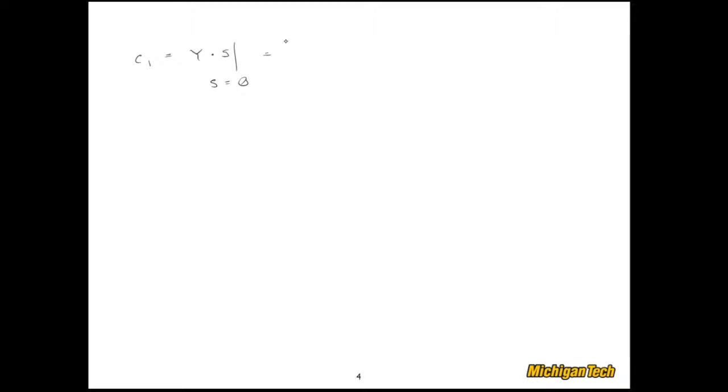And so what that gives, and I'll jot down here what our original y was, 6s squared minus 15s plus 116 divided by s squared plus 4s plus 29. Great. So I take this y of s, multiply it by s, so that cancels this factor, and then let s equal 0. So I get 116 over 29. So that tells me that c1 is equal to 4.